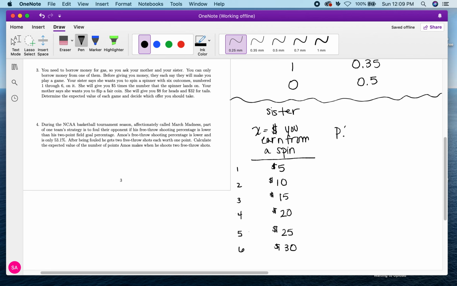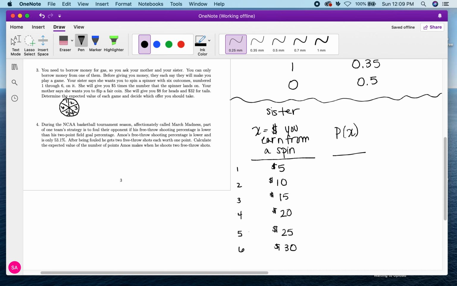And now we want to look at the probability of each of those. So if you think about a spinner, so I'm guessing it's just something like this, and there's numbers on it, and if you spin the spinner, it'll land on one of those numbers. Well, what's the probability that you land on a 1? 1 out of how many different options? 6, right?